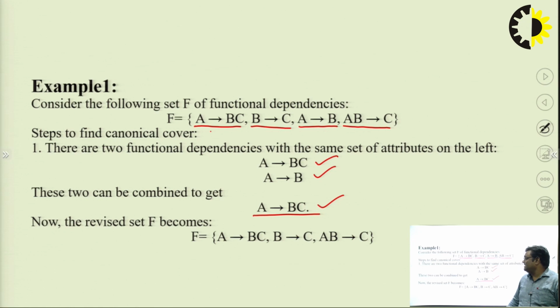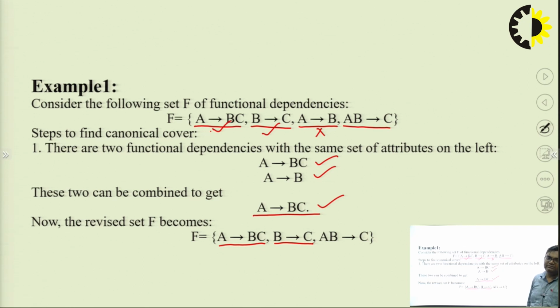Now, after doing this step, the revised set of functional dependencies is A to BC, B to C, and AB to C. We have removed A to B from here.